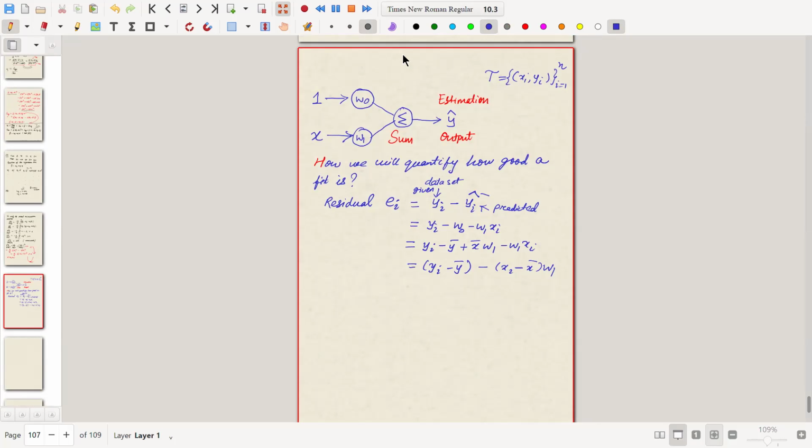What I want you to do is compute the sum of all these residuals, i equals 1 to n. What will you get? Summation of y_i minus y bar, is it correct? Minus w_1 is a constant, you can take it outside, summation of x_i minus x bar, i equals 1 to n.